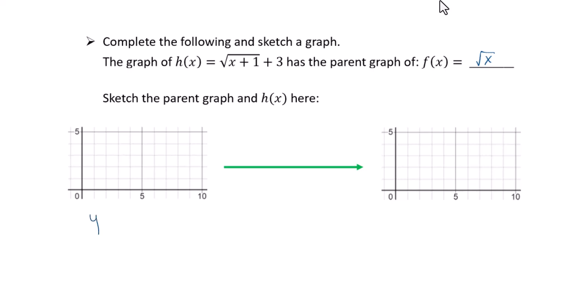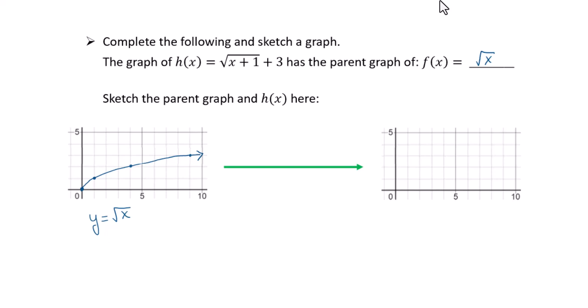So if I want to graph that, we know from before that we had (0, 0), (1, 1), (4, 2), (9, 3). That gave us our square root graph. Make sure to put the arrow at the end to show that it continues in that direction.